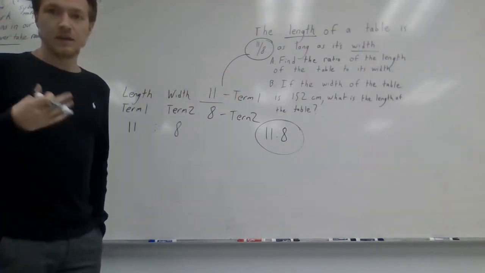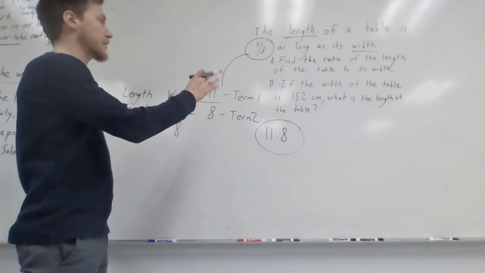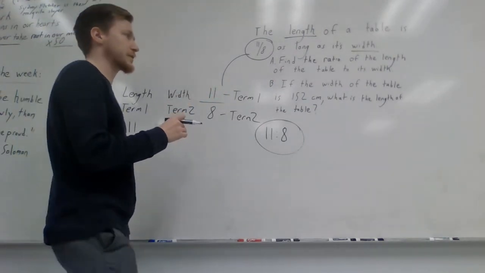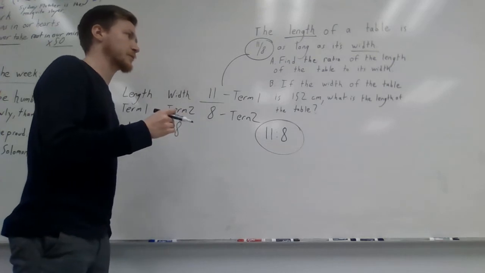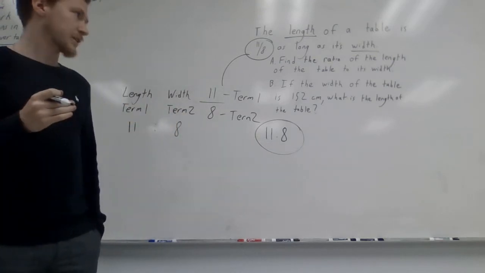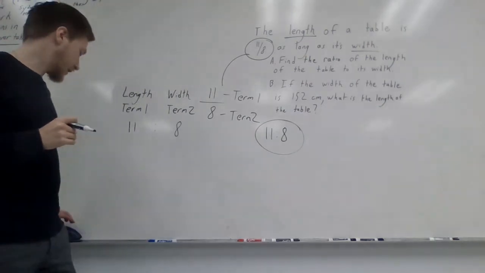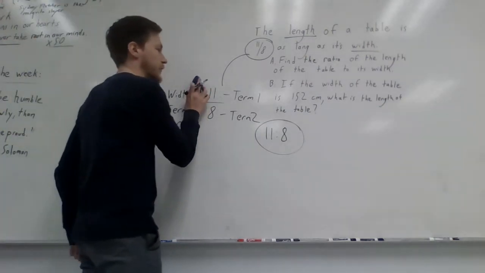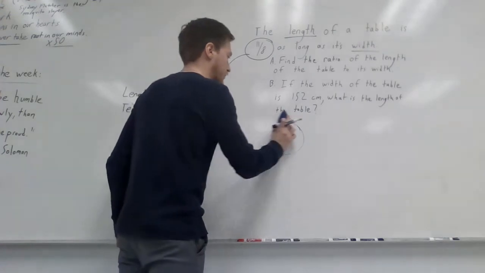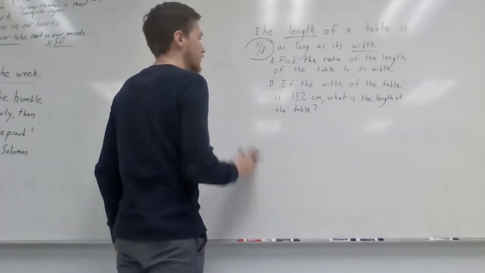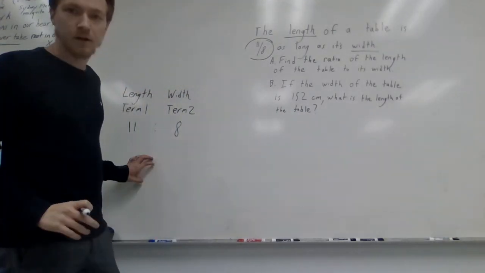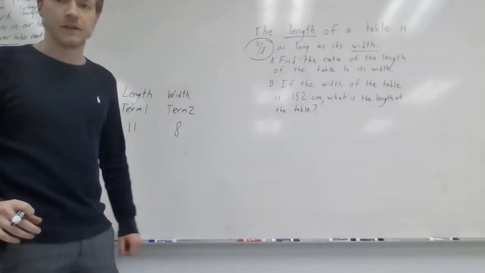I'm going to know that 11 pertains to the length of the table and 8 pertains to the width. Now, we have to go ahead and solve B, which says, if the width of the table is 152 centimeters, what is the length of the table? So I'm going to erase our work from the first part of this problem because we are going to make a bar model with the information we have in front of us.